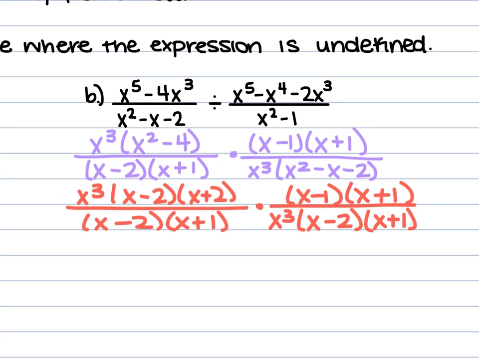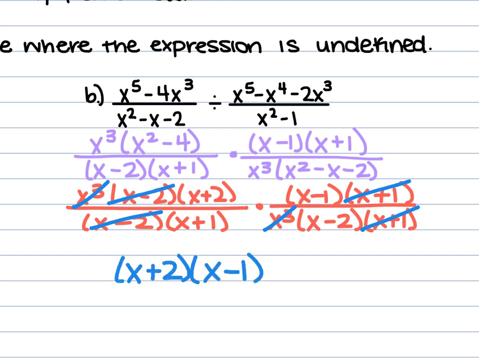So I'm going to get rid of whatever I can to begin with. I'm going to get rid of the x minus 2's because they're over each other. And then with the second fraction, I'm going to get rid of those x plus 1's because they're over each other. I realize that the only thing that I have that's the same that's across from each other diagonally is the x cubes. So I'm going to be left with x plus 2 times x minus 1 all over x plus 1 times x minus 2.